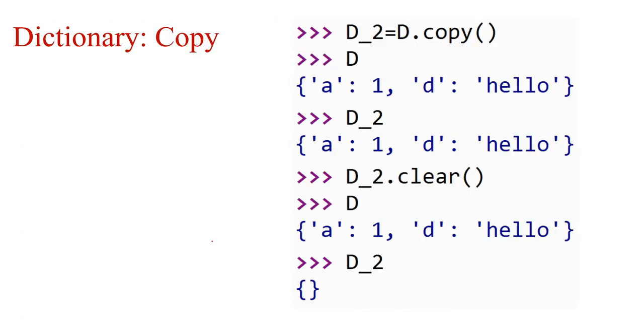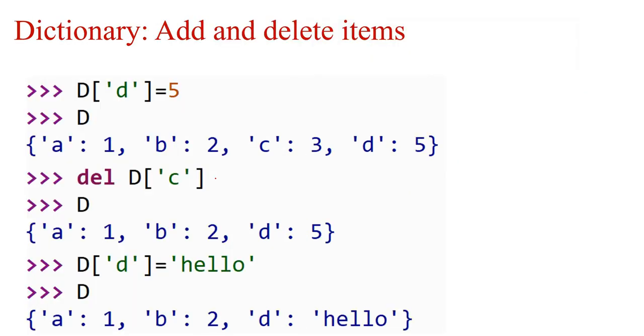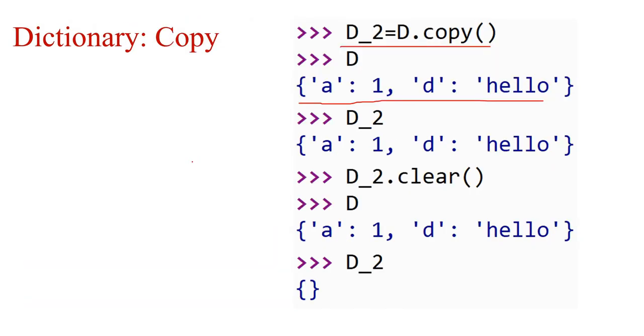Now you can also copy a dictionary. We have discussed copying, so this would create an independent copy. This is again that same dictionary we had before, and I think I removed one of the elements, B, from the previous dictionary.